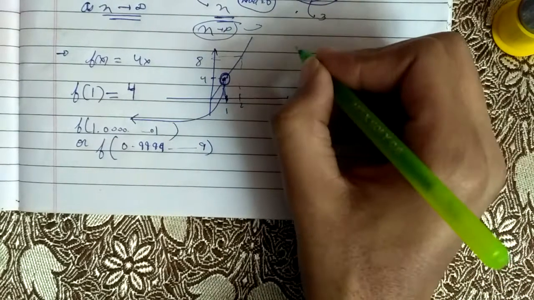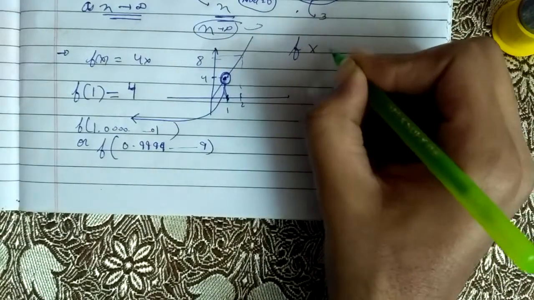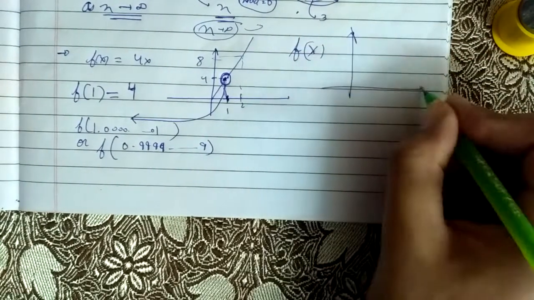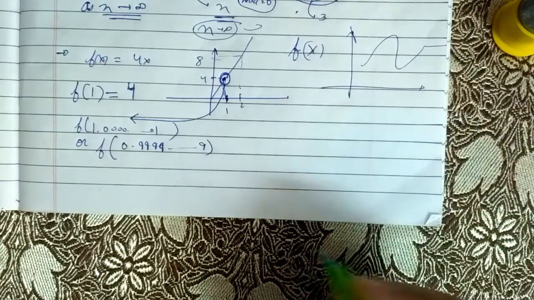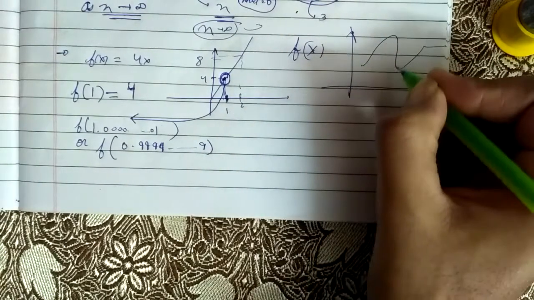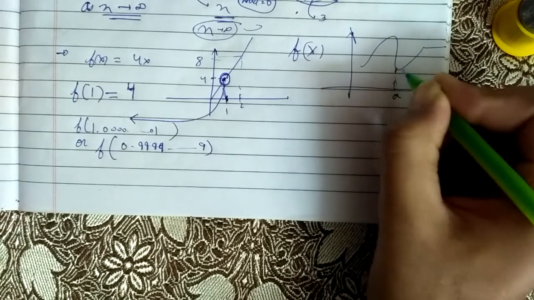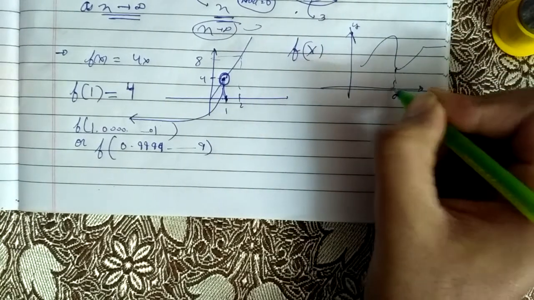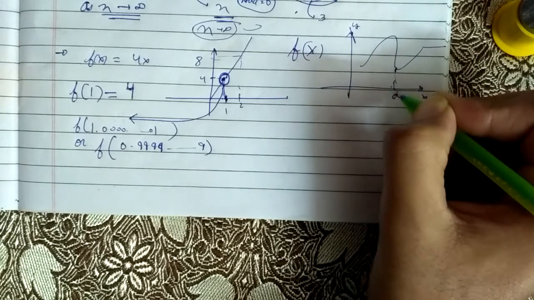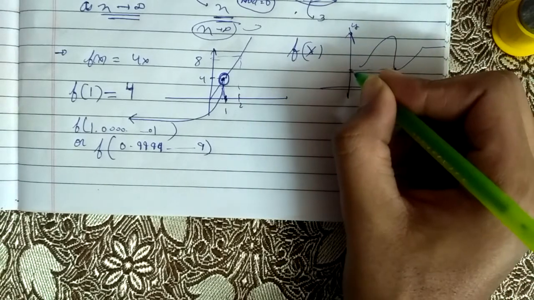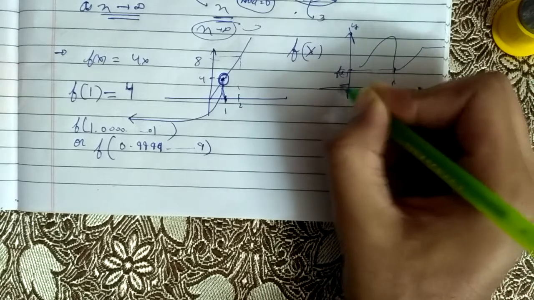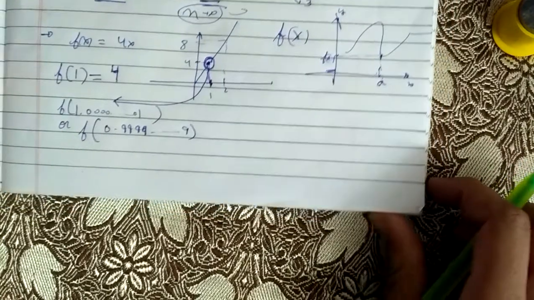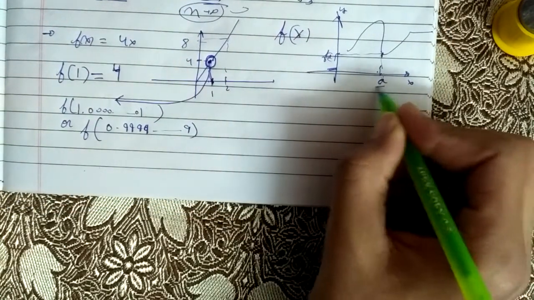If we take a general example, like f of x, any general function having any general graph, this is the value of a, this is the x coordinate and this is the y coordinate, and if the value of x is equal to a, then the value of f of x is f of a. So we are interested in the neighborhood of this as x tends to a.